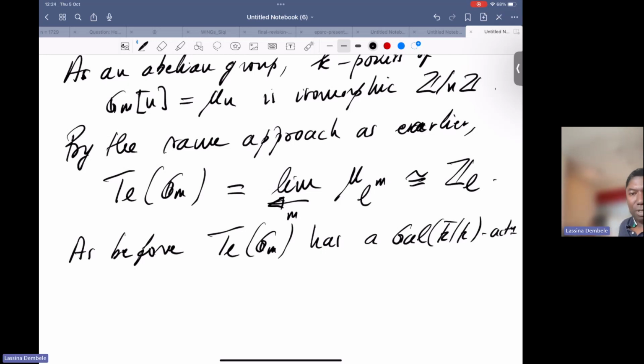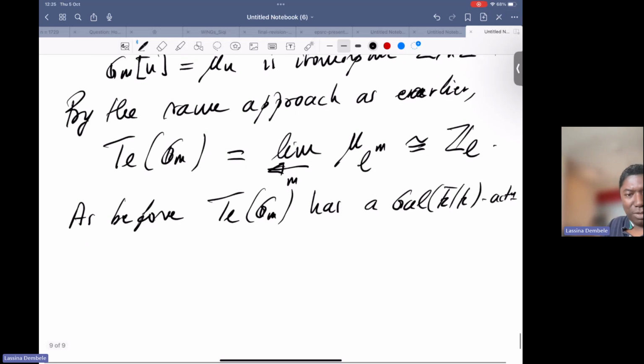And this action is given by what we call the cyclotomic character. This action is described by a character.